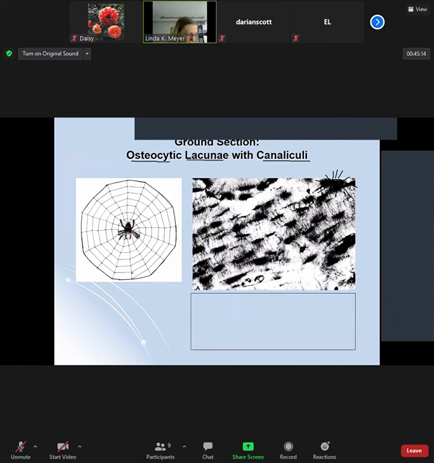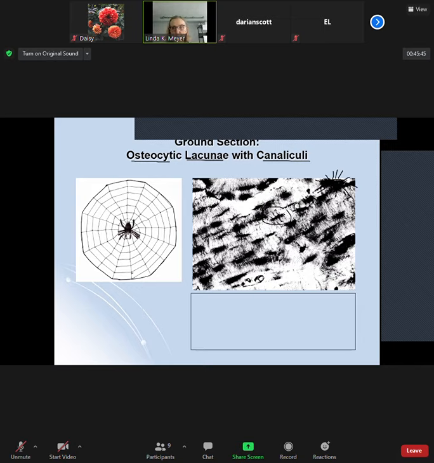So here, in this lower left picture, this is a ground section, and all of these black areas, like right here, represent an osteocytic lacuna, and the black extensions are the canaliculi. We're going to record three characteristics of the osteocytic lacunae and their canaliculi in bone.